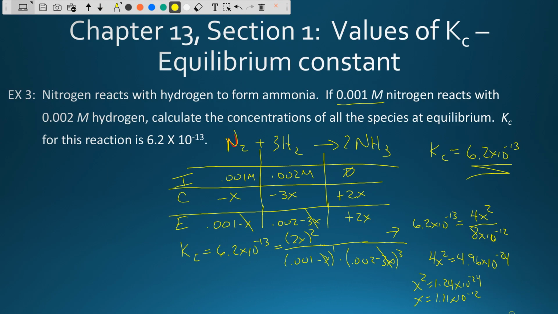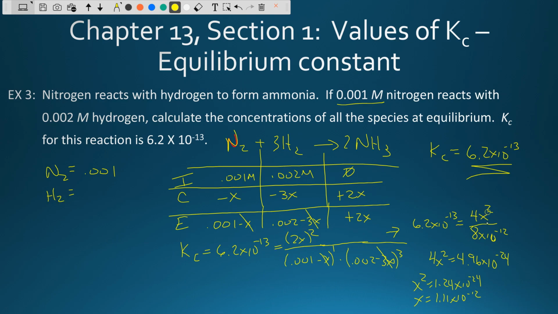Okay, so that's my x value. So what is 0.001 minus x? Well, my N value, if I use significant figures, ends up being still 0.001. Yes, you could subtract that off, but it's so small, you're going to get basically the same number. So my hydrogen, remember, this was 0.002 minus 3x.